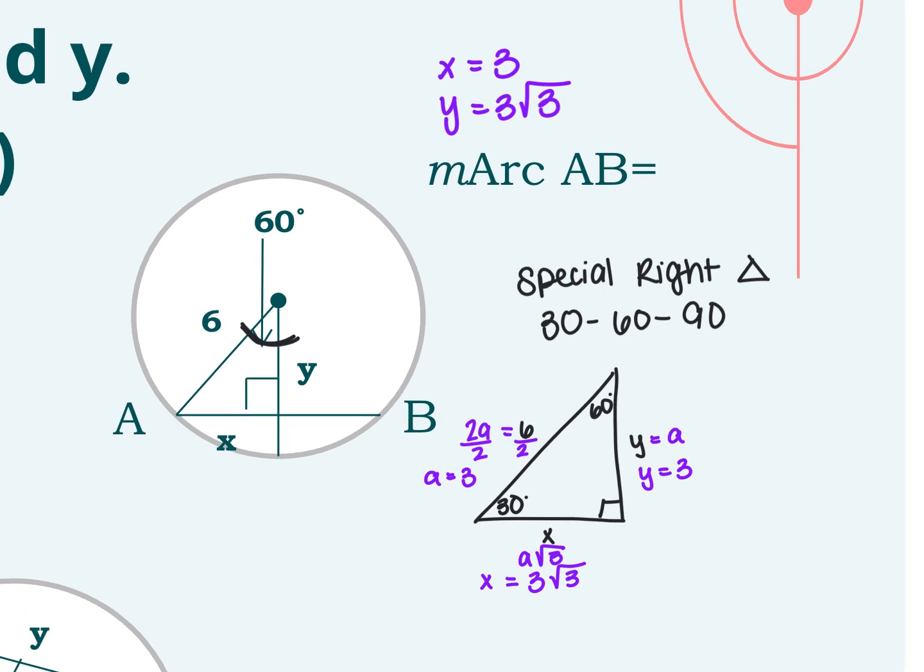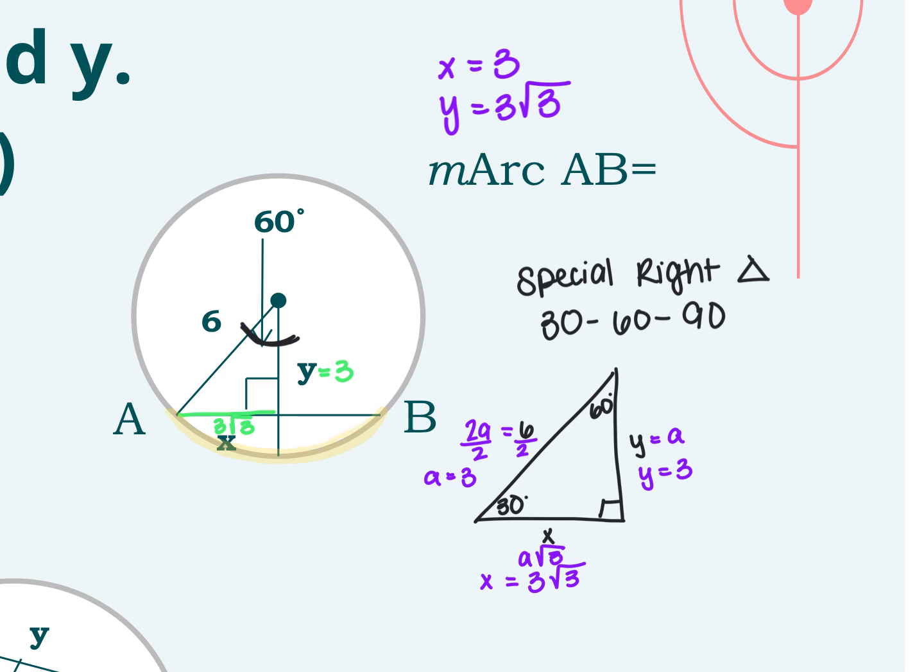And then they're asking me for the measure of arc AB. Keep in mind, it's this segment that equals 3 radical 3, and this equals 3. They're asking for the entire arc, A to B.